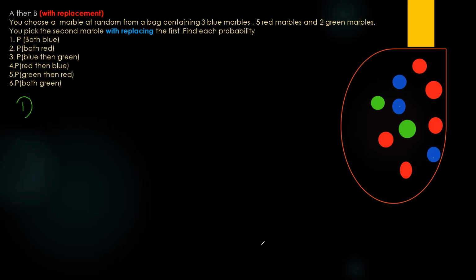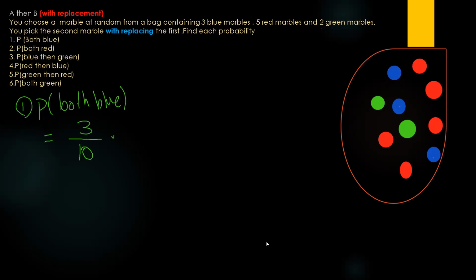What is the probability that both of them are blue? I took the first one. Now look at them here. How many are blue here? We have 3. So we say 3 over 10 times. I take it, then with replacing, so I replace it.